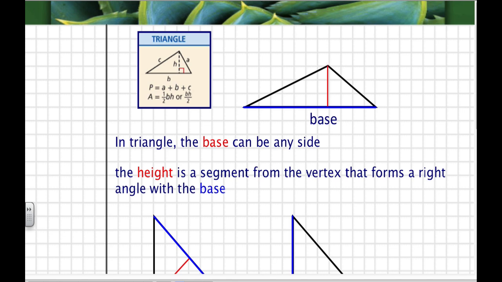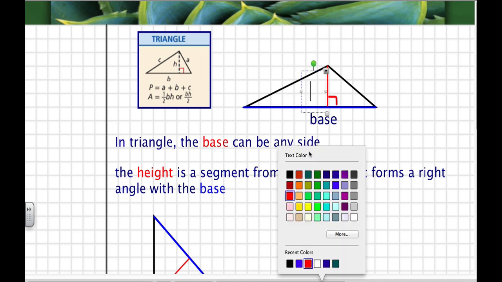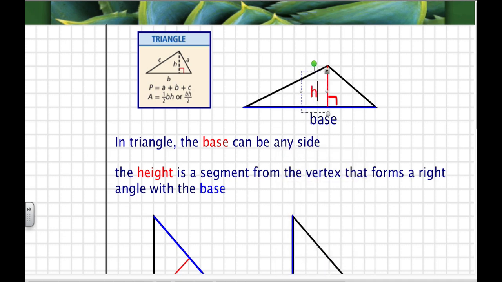And not only that, we have to see that this is a right angle. This has to be a right angle that's made with the base, just like that. And then this guy here would be the height. We'll just do H for height because that's pretty standard. Comes down and is perpendicular.